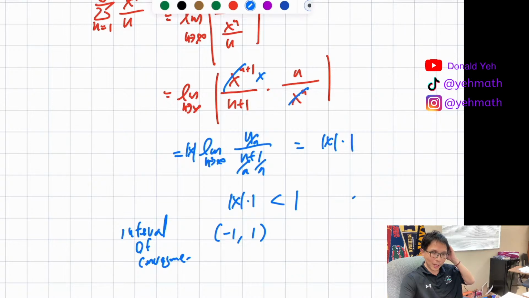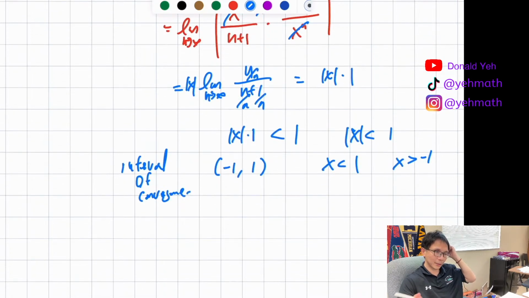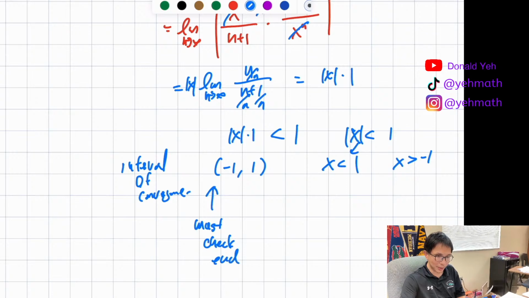Why? Because you can solve for it. The absolute value of x is less than 1, so that means x is less than 1 and x is greater than -1. I solve this inequality. Once I solve it, you must check the endpoints, because sometimes the endpoint converges or diverges, depending on the scenario.